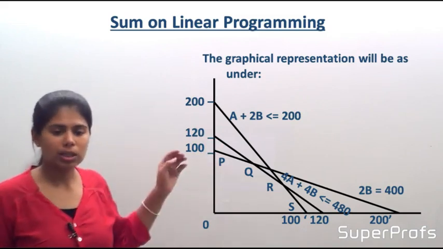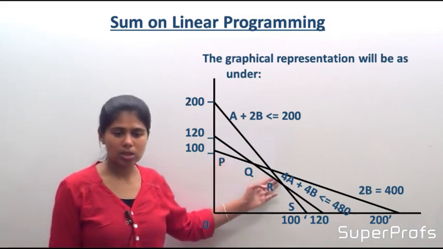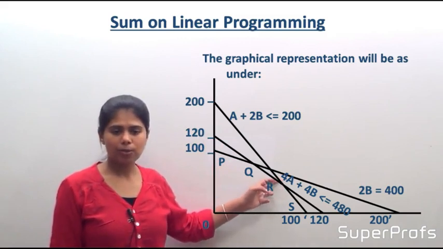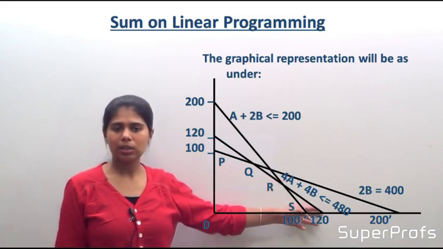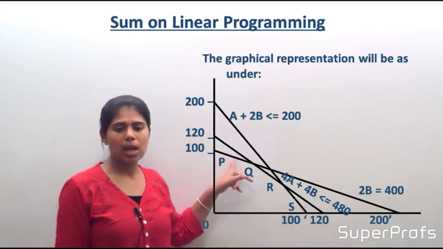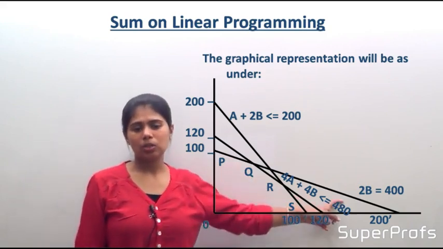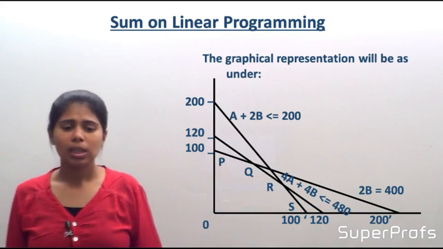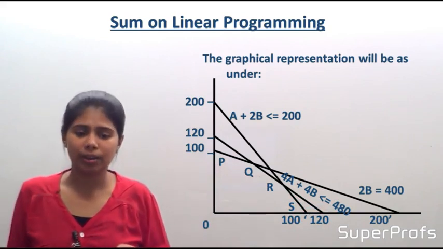Similarly, we plot the other constraints as well. This is my 4A plus 4B less than or equal to 480, the direct material constraint, and this is my labor constraint. So that is my graphical representation.